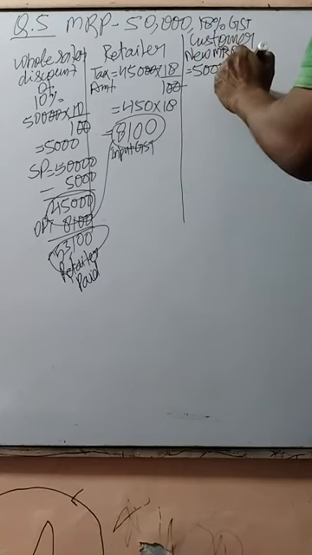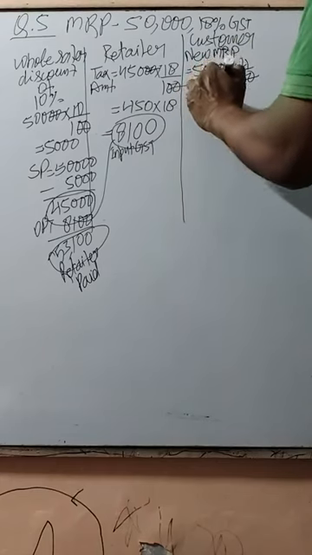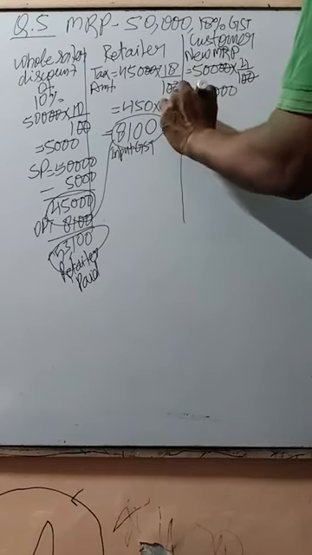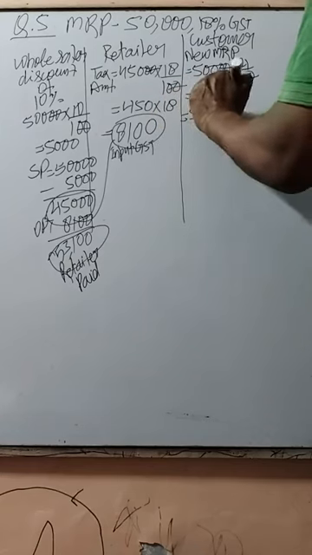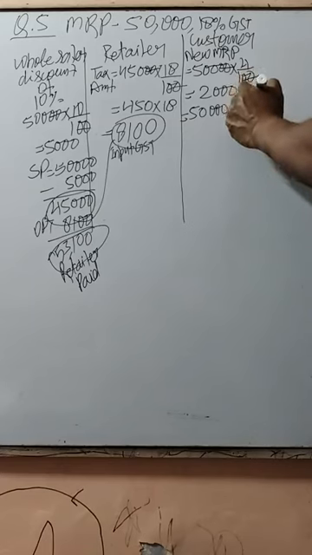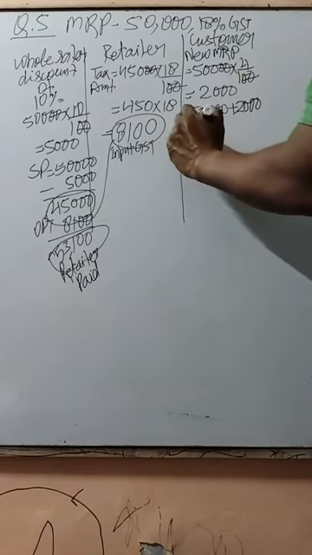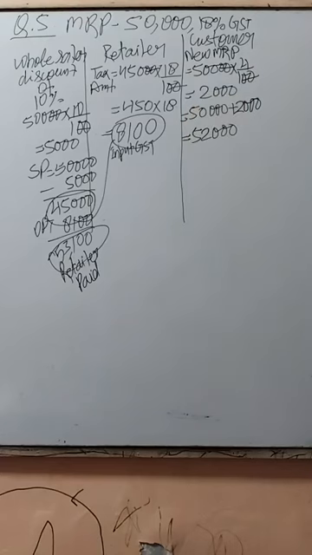Yes. It becomes 2,000. So it becomes 50,000 plus 2,000 will give you 52,000, right? Then this is the new MRP. He sold it to the customer.